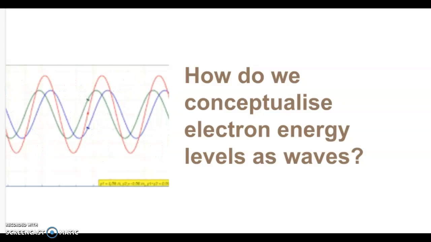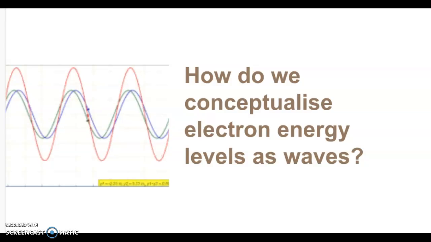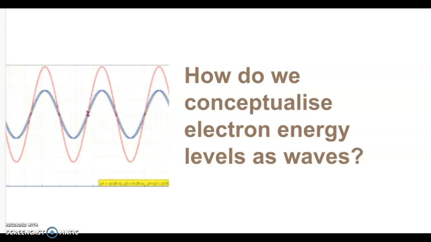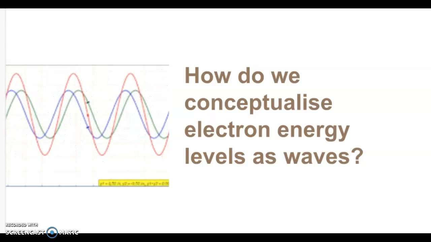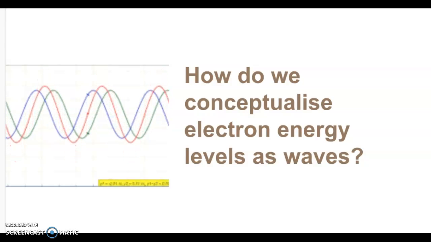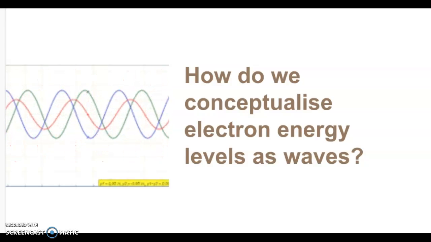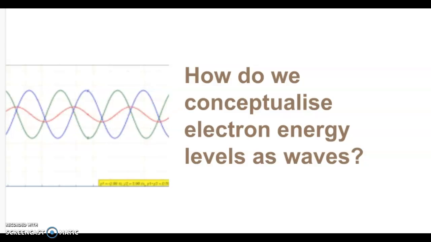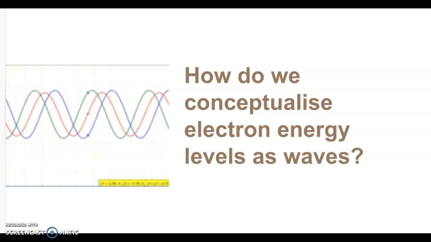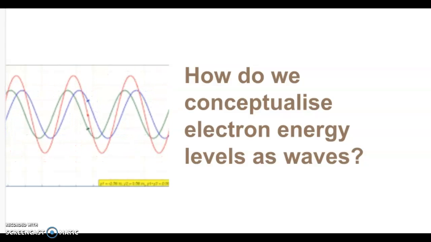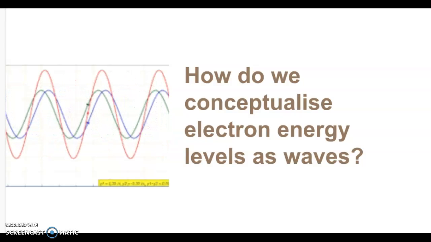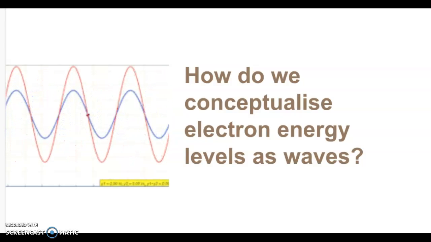So if an electron is a wave and electrons live in shells outside of the nucleus, how do these shells look if they're waves? So that's what we're going to do now. How do we conceptualize electron energy levels as waves? And Schrödinger got involved in this and came up with the following.